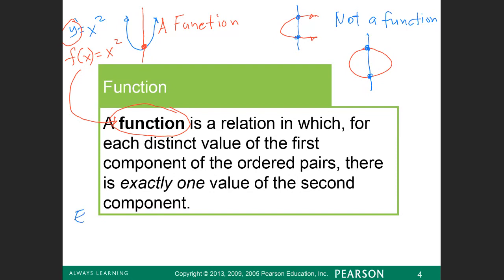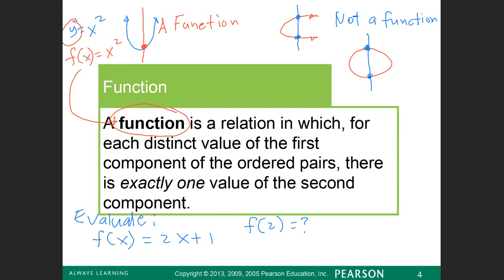Evaluating. So if you want to evaluate a function, let's say your function f of x is equal to 2x plus 1, and you're asked to evaluate what is f of 2. What you can do is just plug in the value of 2. 2 here actually is your x.